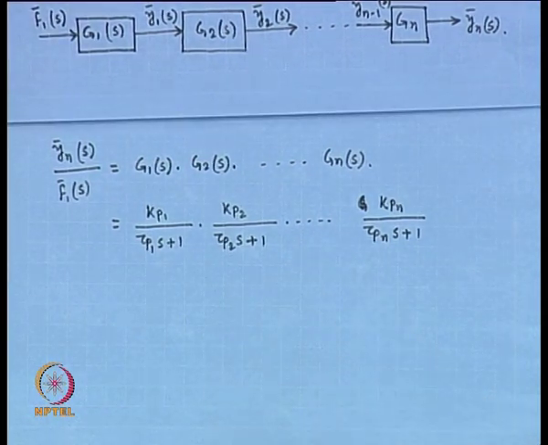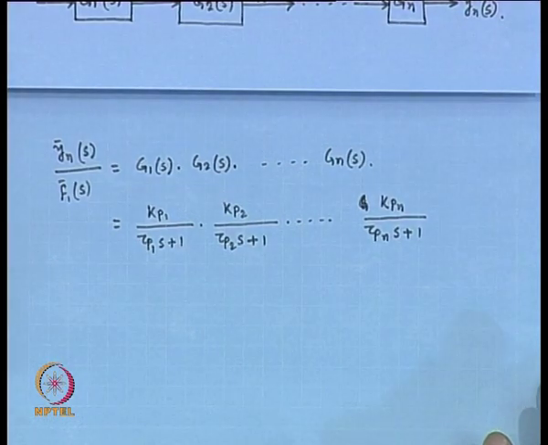So, this is the overall transfer function for n non-interacting capacities in series. Similarly, for the case of n interacting capacities in series, we can obtain the overall transfer function in more complex form.